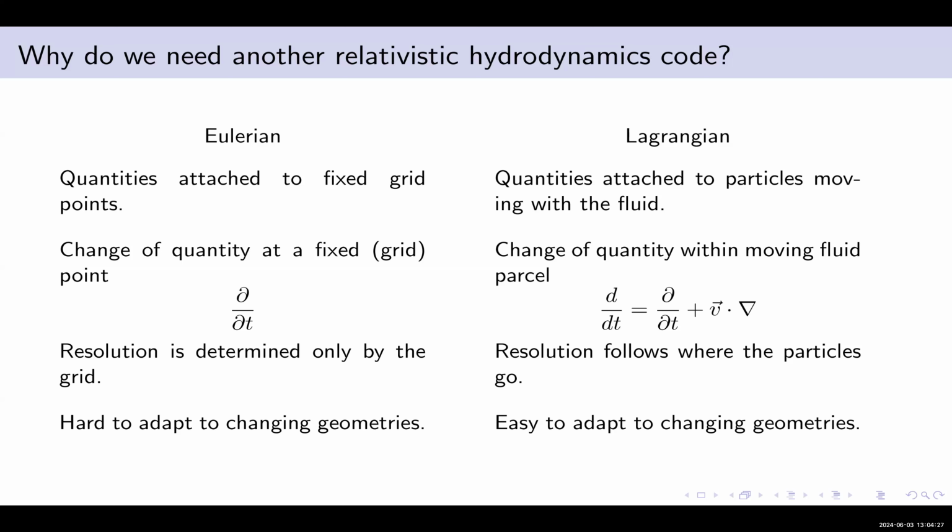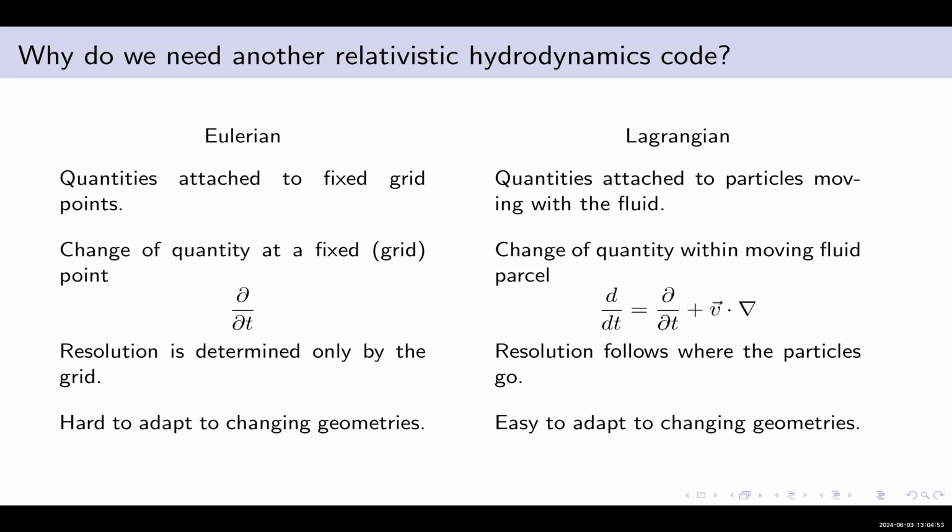So wherever you have a bunch of particles, you automatically have high resolution. And it's easy to adapt to changing geometries. Of course, that advantage gets diluted a bit when you actually couple it to a space-time grid, but at least that's one advantage.